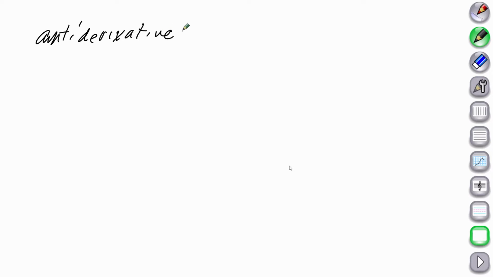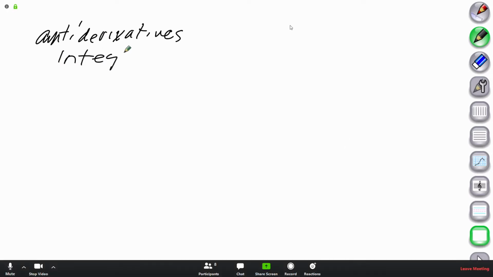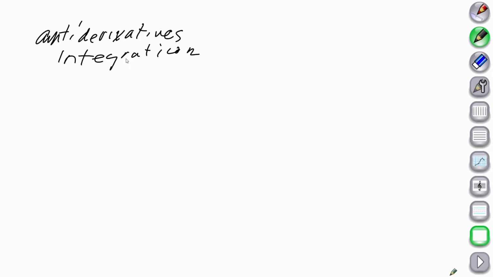Sometimes this is called integration. Okay, both of these mean the same thing. Anti-differentiation or integration, fancy words for what we're going to be doing, okay?